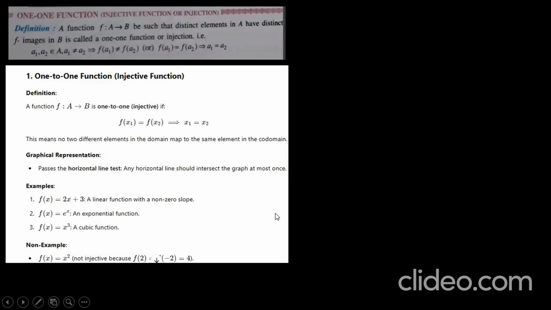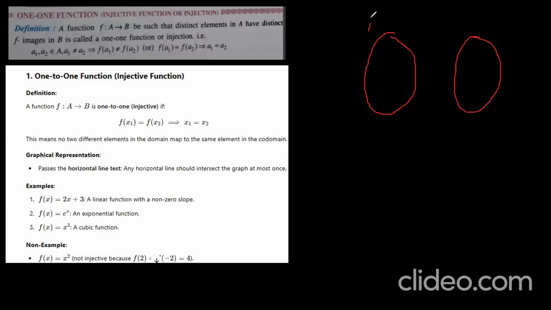What is a one-to-one function? Let me take one example. A and B are two sets. X, Y, Z, and take L, M, N, P, and Q.